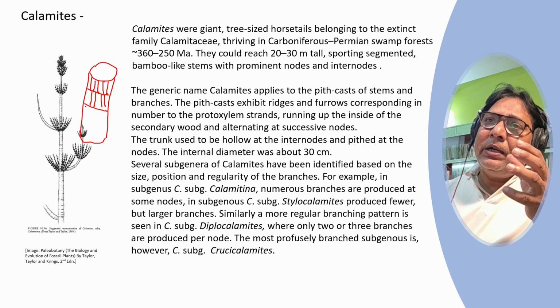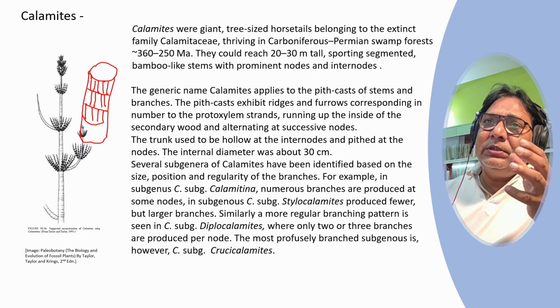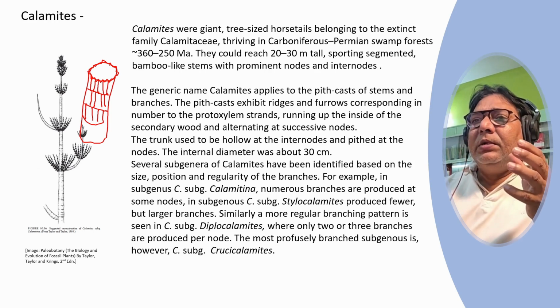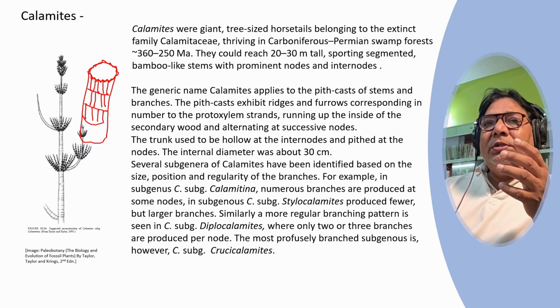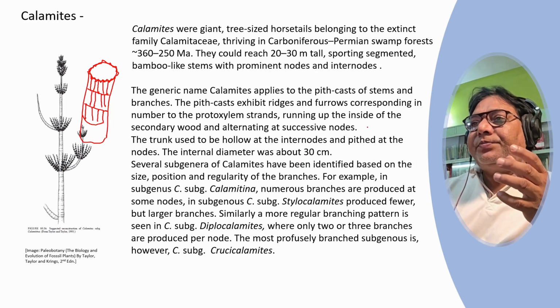Again, in another area, the furrow becomes the ridge. This way, if you see the cross section, it was wavy. This is what ridges and furrows are. So this was the structure of the stem from outside.